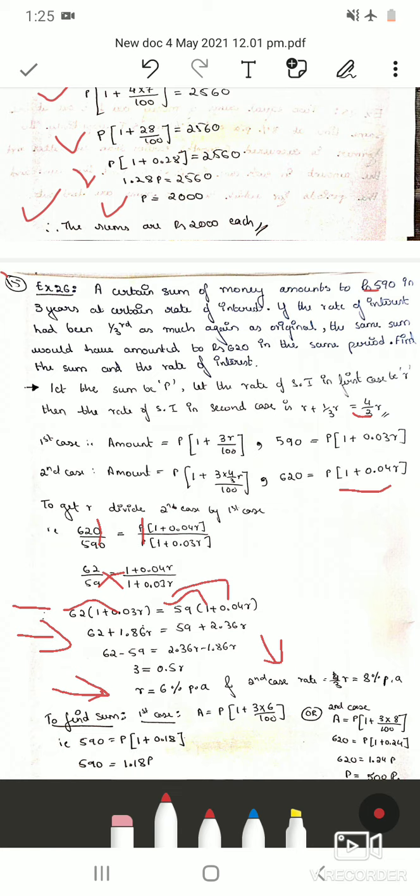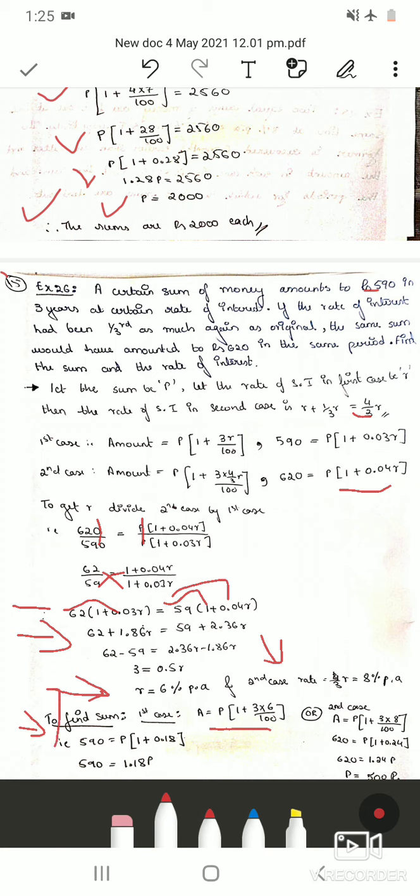Now we can find out the sum. To find the sum we can use the formula of amount, which is A is equal to P into 1 plus, and we got the rate as 6, so we'll substitute it. So 3 into 6 by 100. We know the amount is 590 in the first case, so 590 is equal to P into 1 plus 0.18.